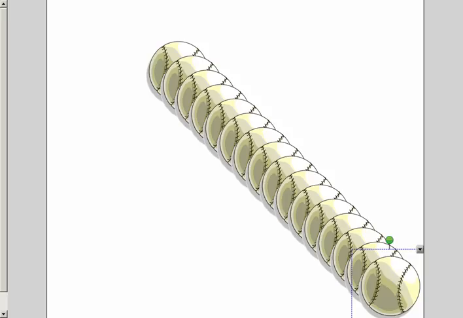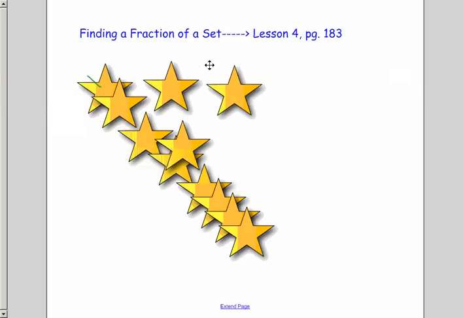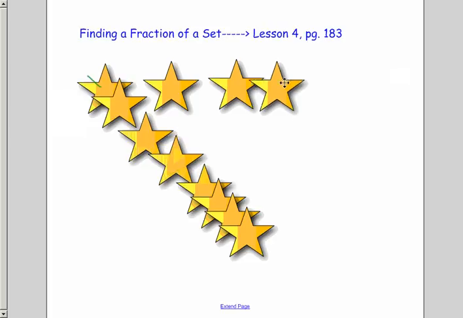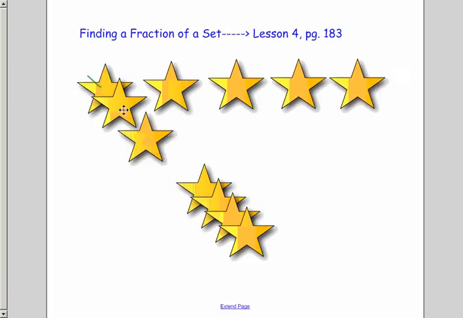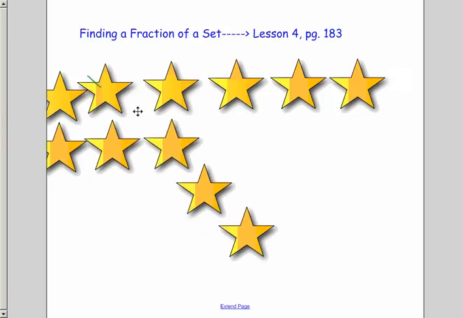Let's scoot back here to our stars for a second. I'm going to arrange our stars and put them into 6 groups. I'll put a certain number in each group.